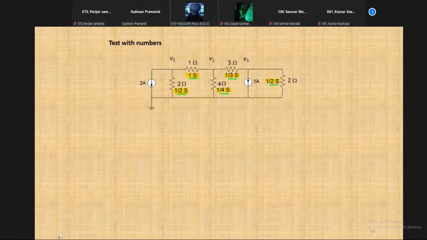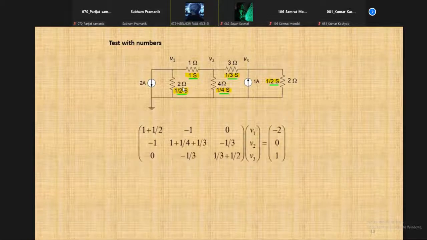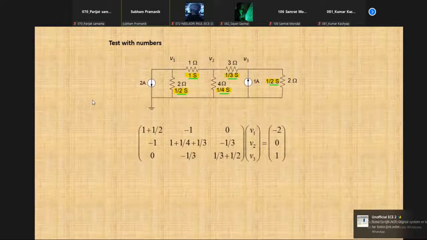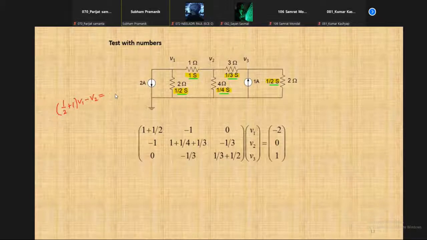V1 into 1 plus 1 by 2 for self-admittance, then minus V2 into 1, plus 2 equals 0. So half plus 1 into V1 minus V2, and 2 ampere is leaving, so it is minus 2.